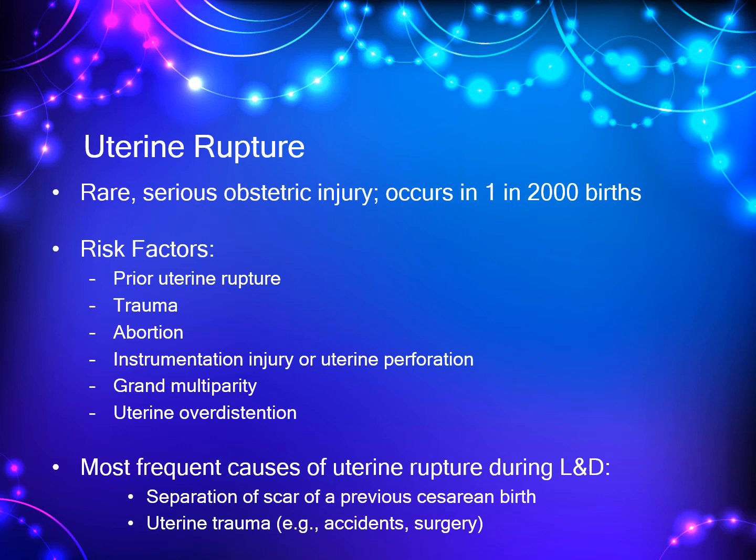So risk factors include a prior uterine rupture, trauma, abortion, instrumentation injury or uterine perforation, grand multiparity, and uterine overdistension, such as macrosomia, multifetal gestations, polyhydramnios, or fetal malpresentation.